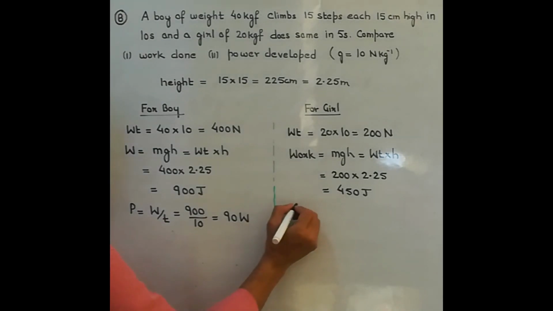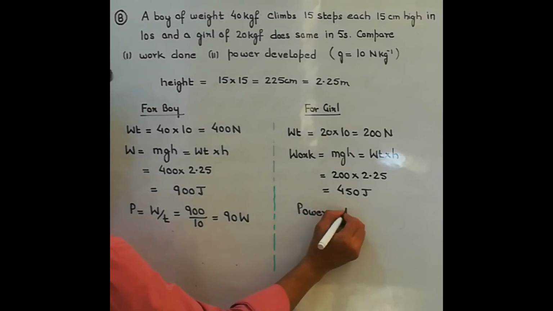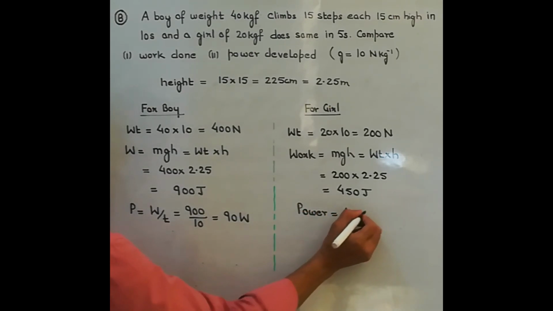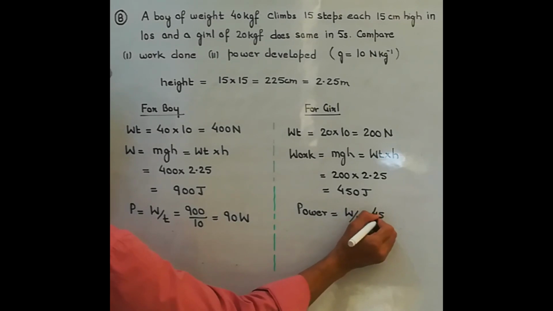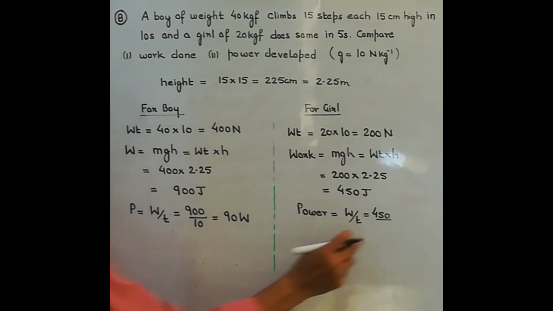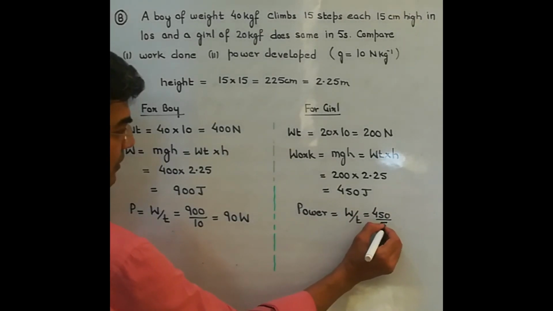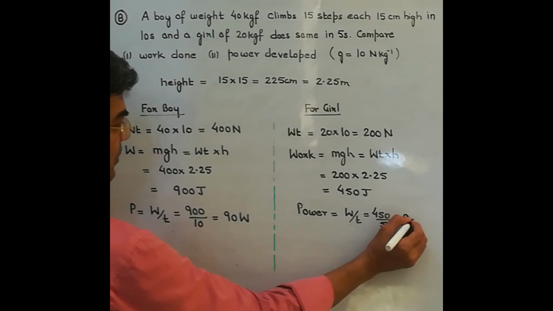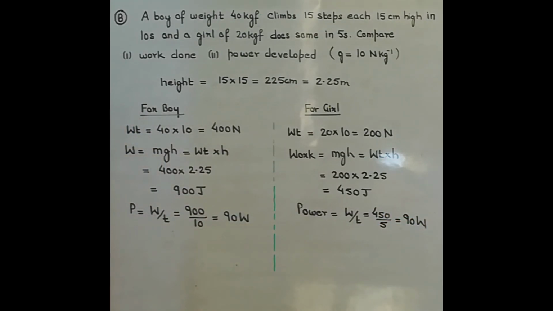Now let us calculate the power developed by her. The time taken by the girl, as the question says, is 5 seconds. So the power developed by the girl is 90 watt.